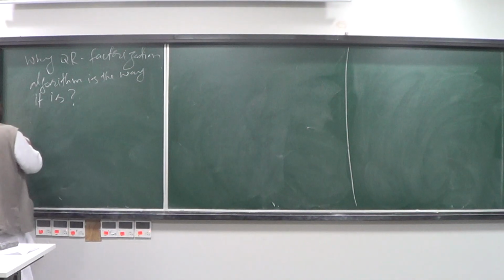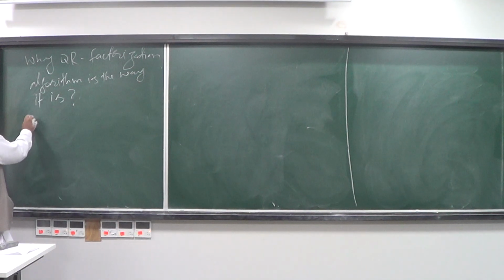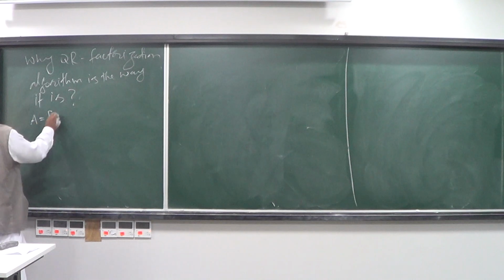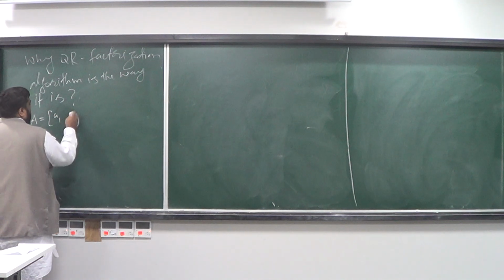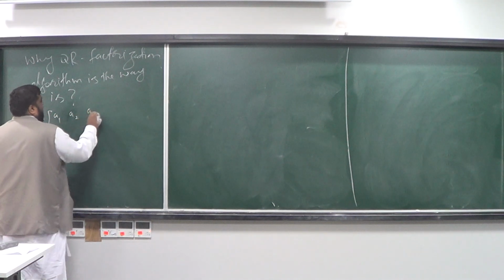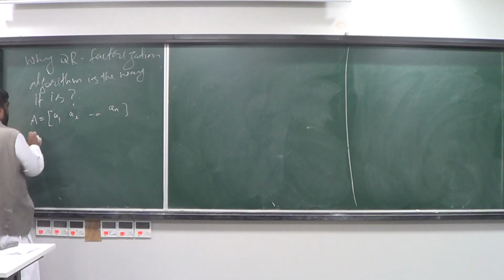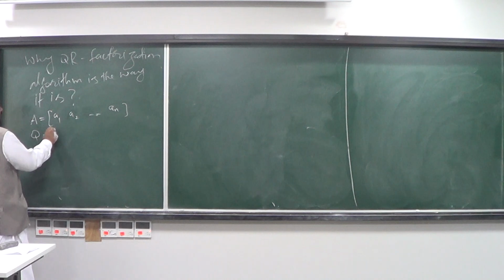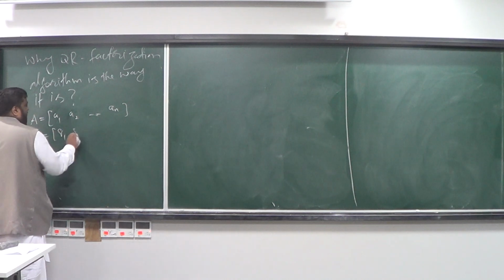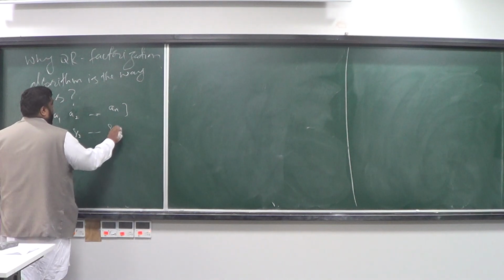Now I know about my matrix A that it's A1, A2, up to An, okay? And my matrix Q is the column vectors Q1, Q2, up to Qn.